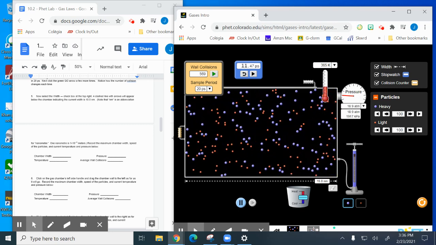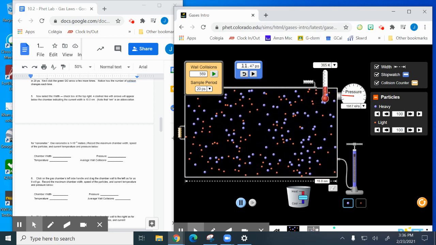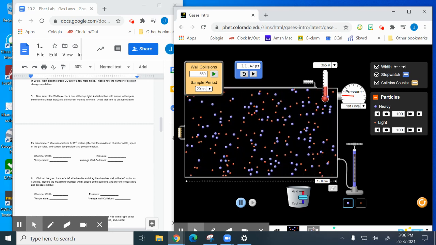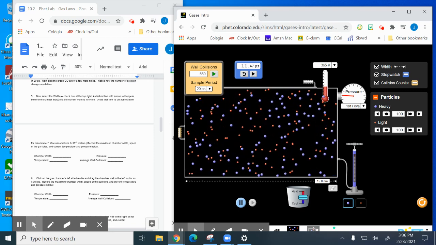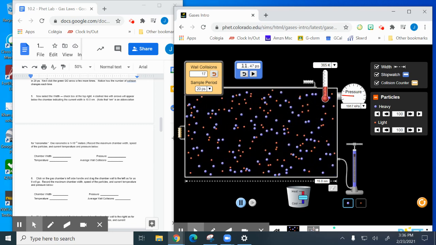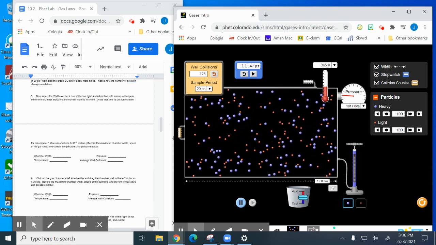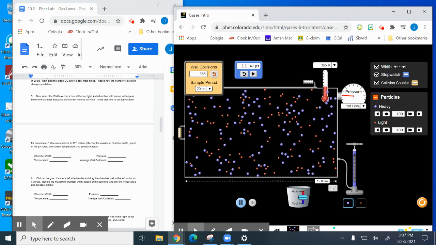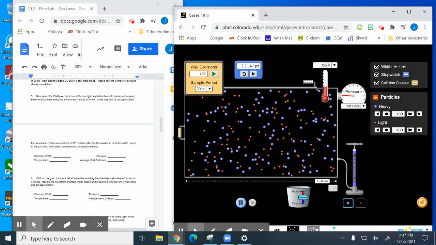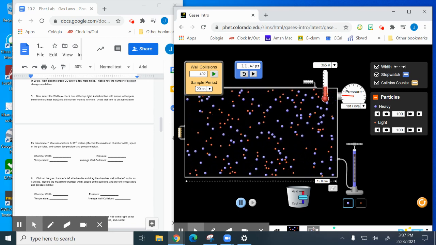You can use atmospheres or kilopascals, whichever you want. And then the average wall collisions. We're going to see it's lower because the chamber is bigger. 492.